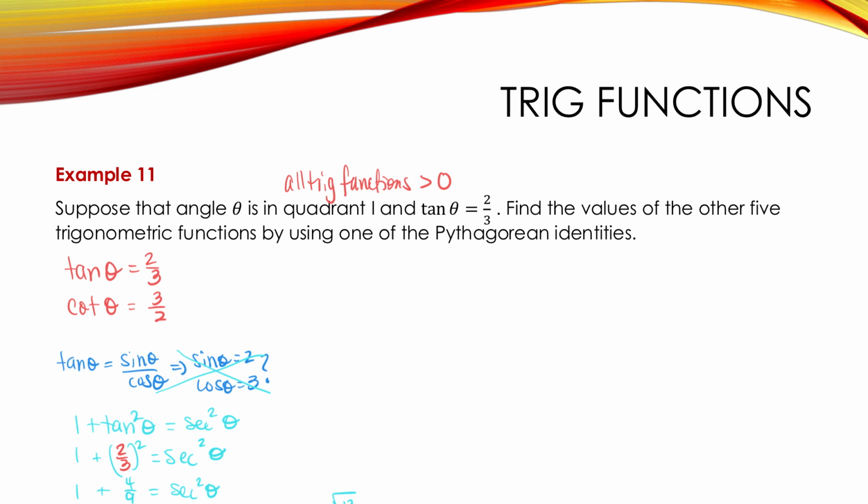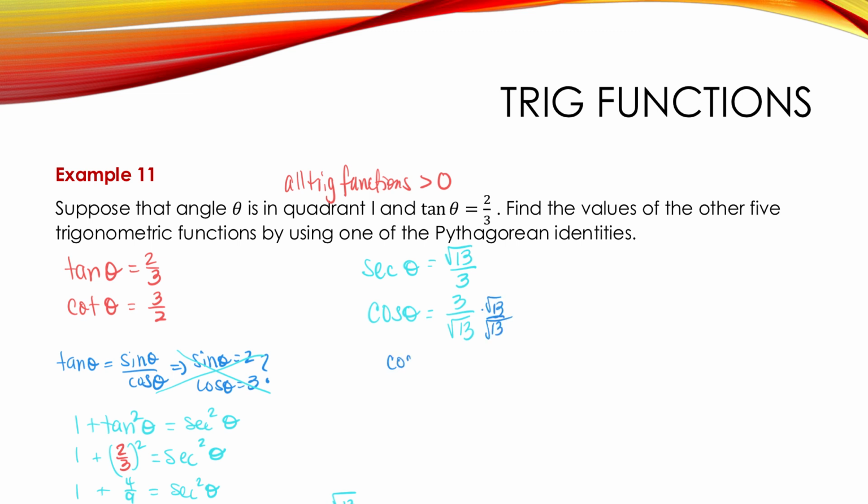But now that we know what secant is, we know that secant theta is the square root of 13 over 3, which tells me that secant is the reciprocal of cosine, which means that cosine is the reciprocal of secant. So cosine will be 3 over root 13. And when we rationalize that, we'll multiply it by root 13 over root 13.